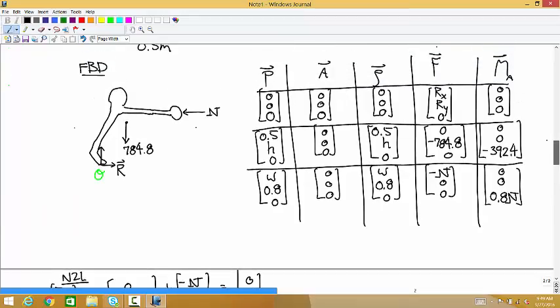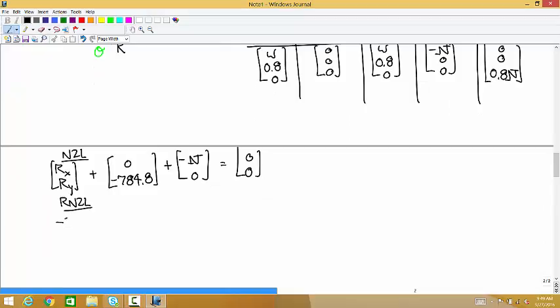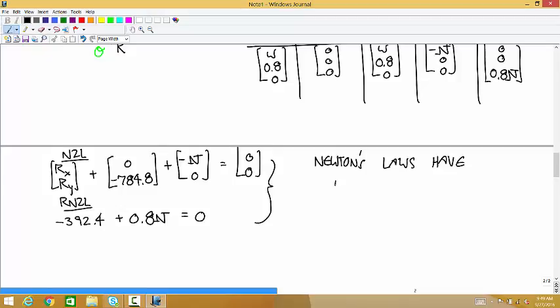And the moment equation says 0 minus 392.4 plus 0.8 N is equal to 0. So what we have is that Newton's laws have no dependence on h or w.